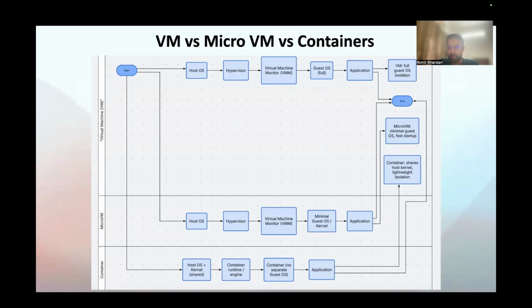As you can see in the diagram, it shares the host OS. Each of the different containers powering different applications shares the host kernel or the host OS. So that's how it becomes lightweight.